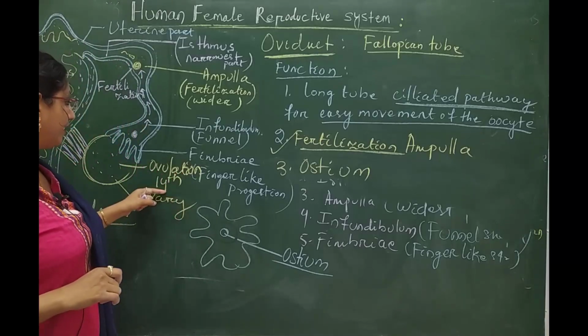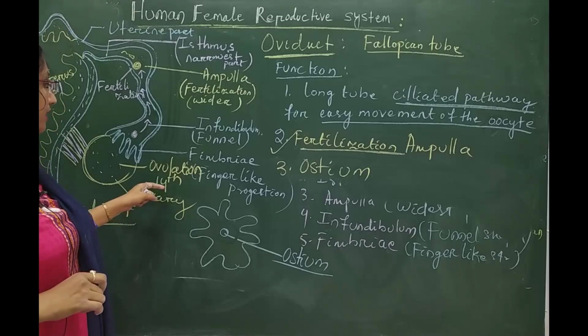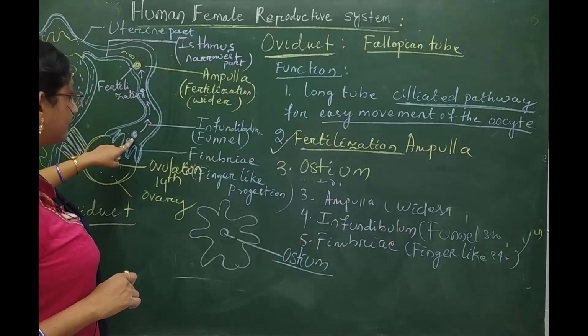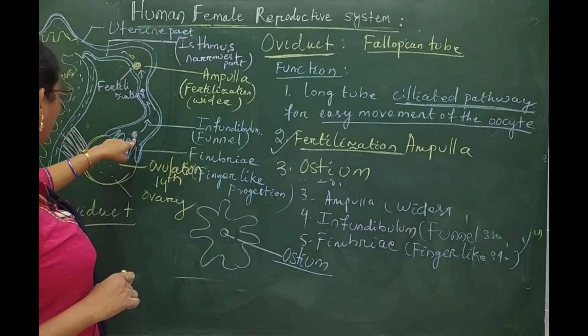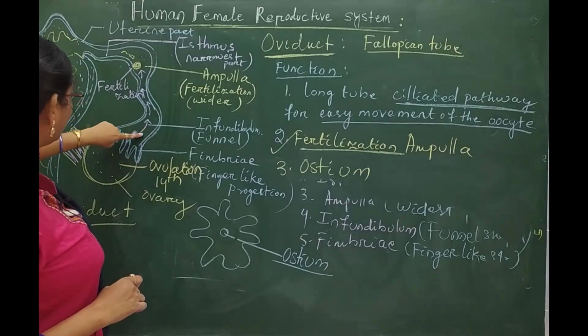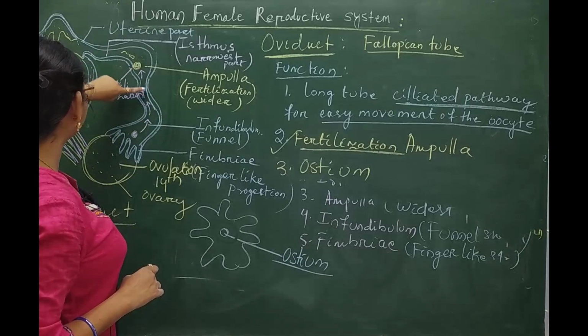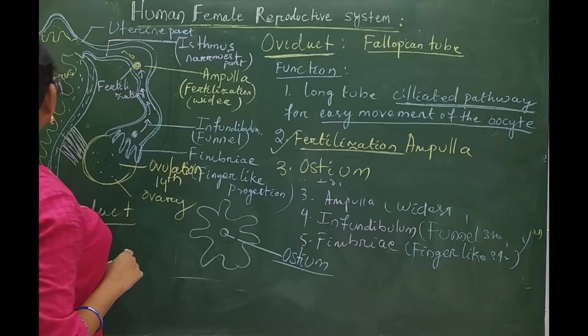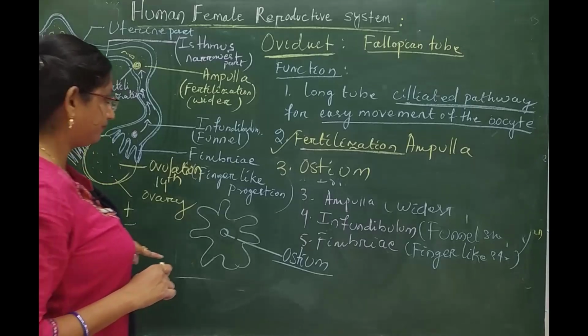After the 14th day of the menstrual cycle, the release of the ovum takes place, and this ovum is received by the ostium of the oviduct. Through this pathway, the egg makes its path and enters into the uterus.